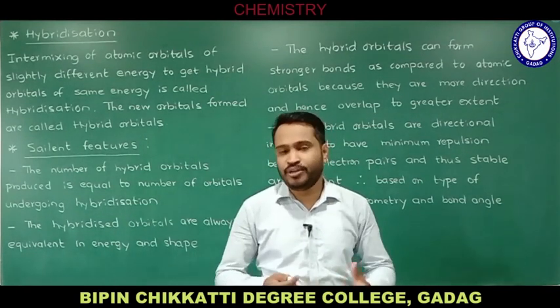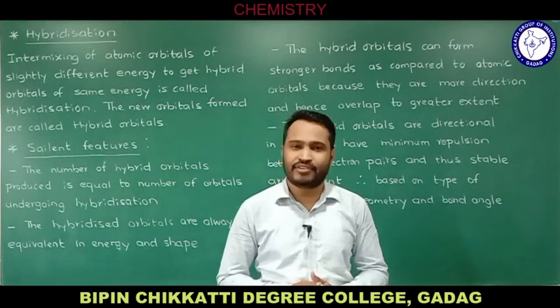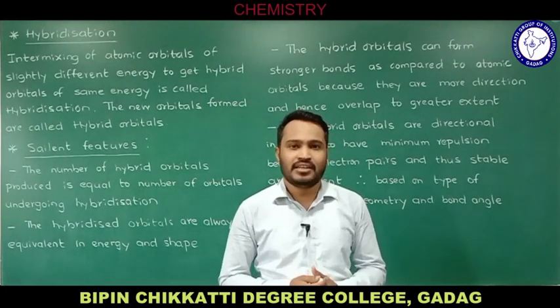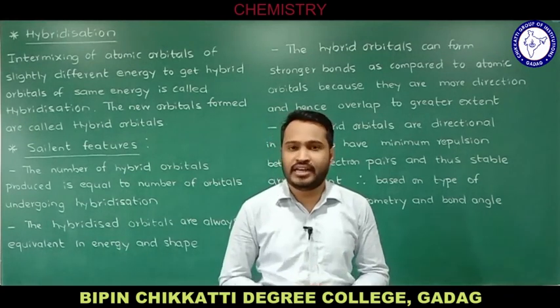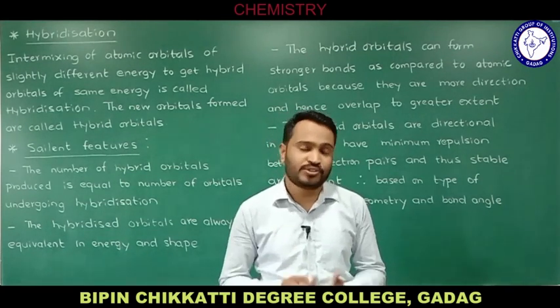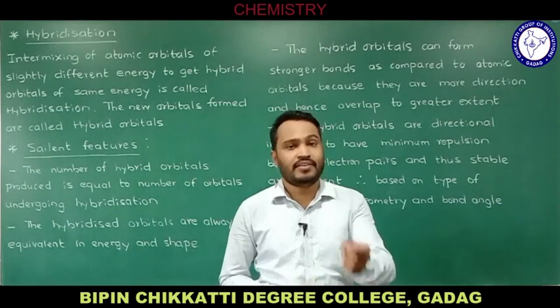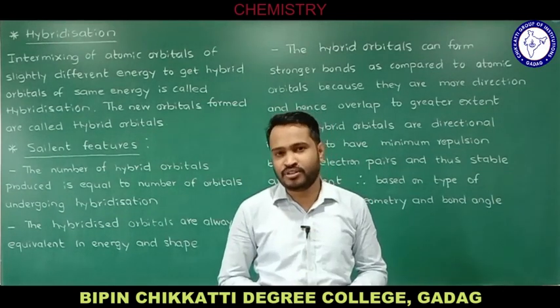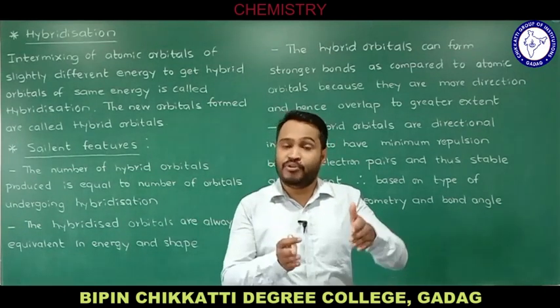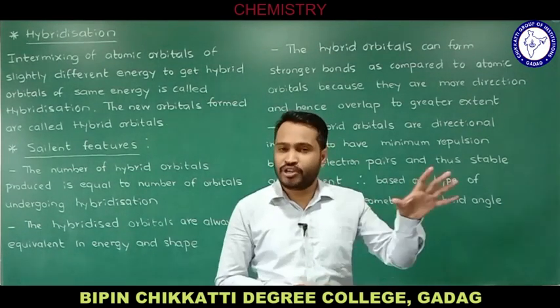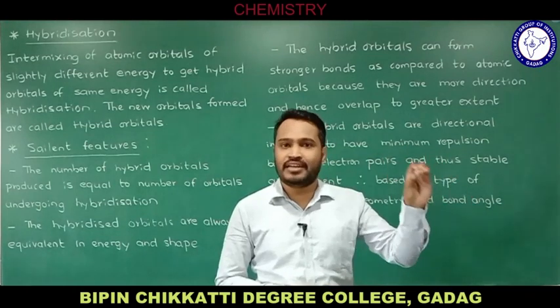Intermixing of atomic orbitals of slightly different energy to get same energy atomic orbitals, which we call hybrid orbitals, and the process is called hybridization. Remember that before hybridization atomic orbitals will be of different energy.